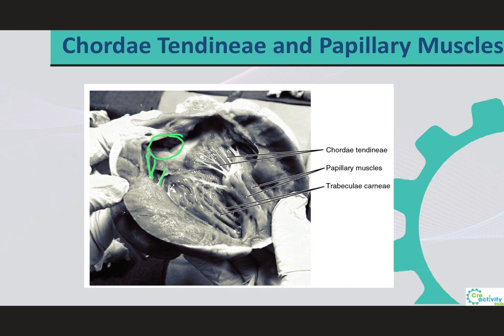And then on the left side, we will have the atrioventricular valve with the chordae tendineae and the papillary muscles holding it in place. Now the trabeculae carneae are these elevations of the muscle wall inside the chambers of the heart. So these projections are called trabeculae carneae.